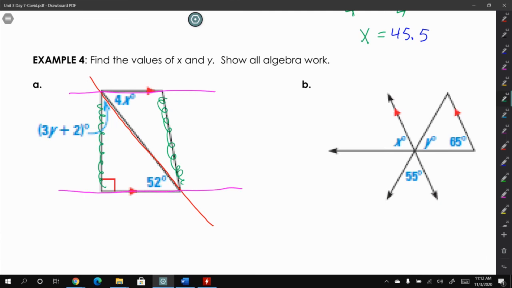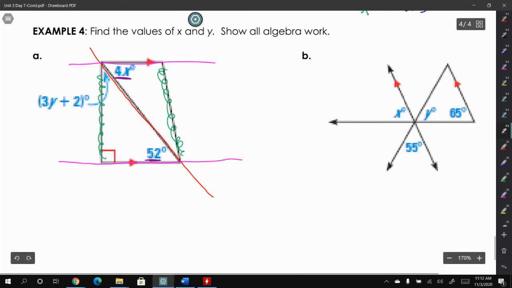So we're going to look at the red line and that pink line. What we can notice is that this 4x and this 52 are on opposite sides of the transversal, and they're in between the two parallel pink lines.